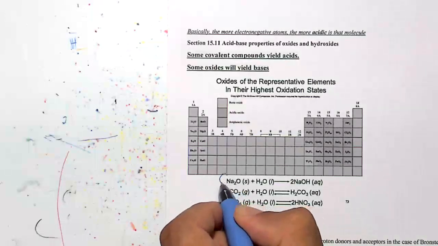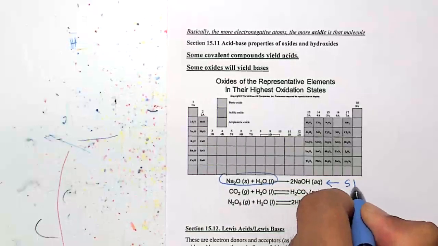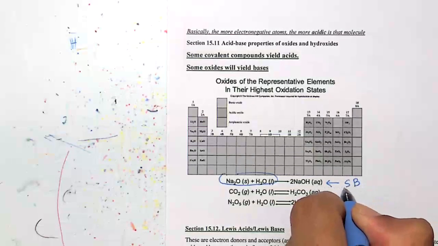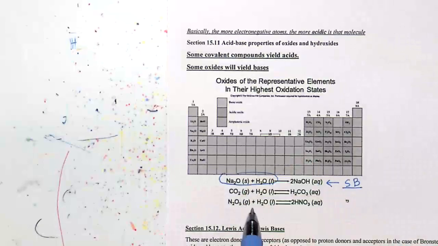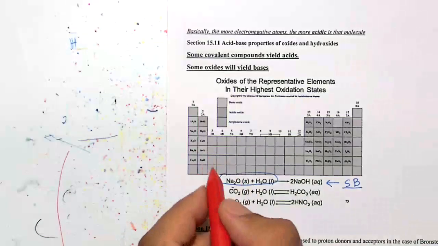We have sodium oxide, dump it in water, and lo and behold, we have a strong base. So take some sodium oxide, dissolve it in water, you have OH minus, a strong base there. So that's how you make a strong base.